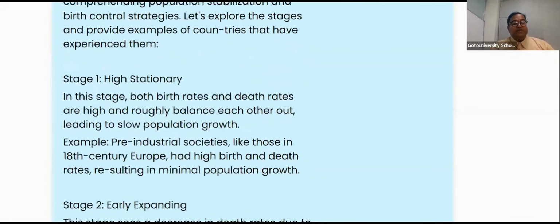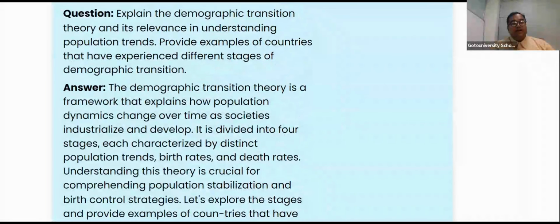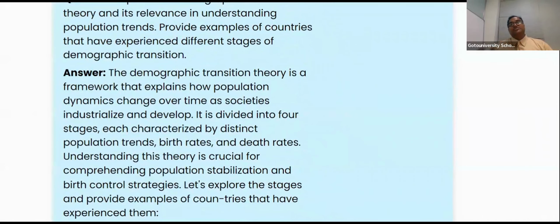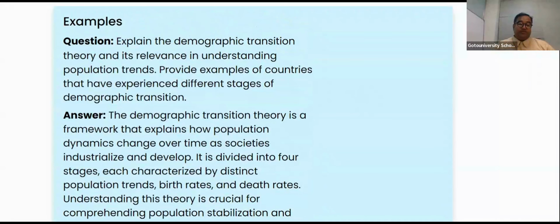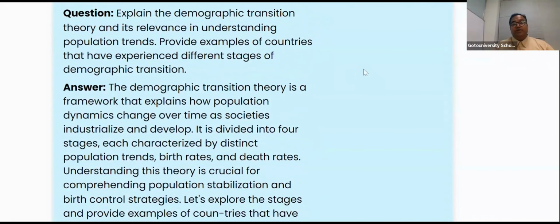One more time I'll repeat, no need to worry, listen calmly. This demographic transition and its relevance in understanding population trends is very important.